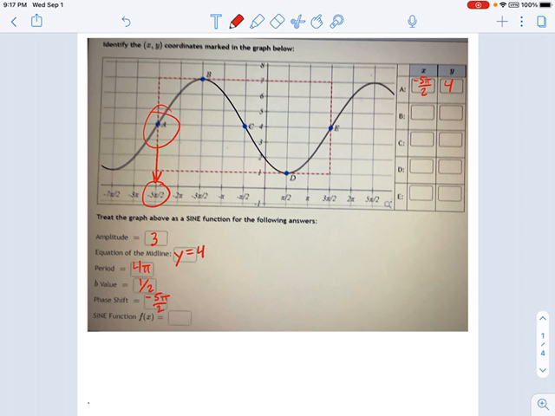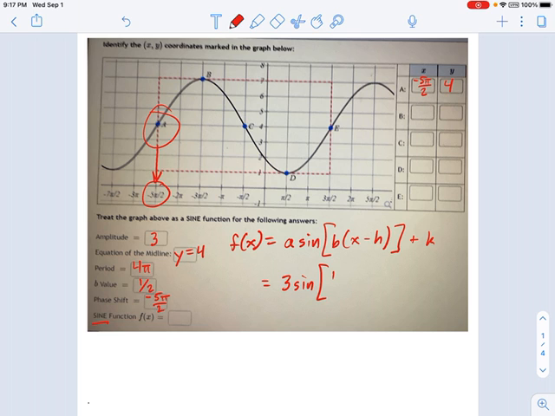Now, how do we roll all these things together to form a sine function? Well, for this you need to know the general form equation, f of x equals a sine b times x minus h plus k, remember, it's a sine function. So what do we have? The amplitude is 3, sorry.